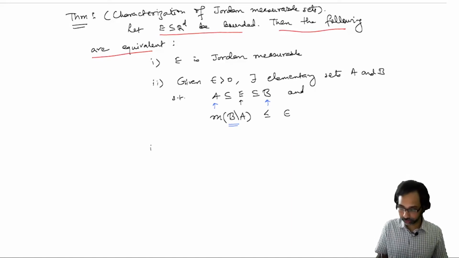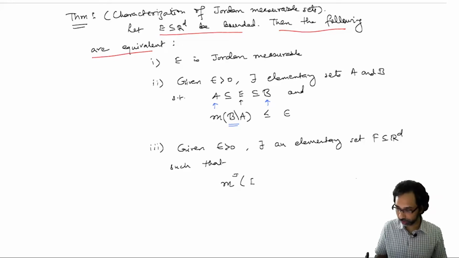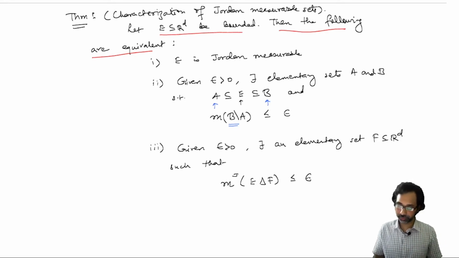Now the third condition says that given epsilon greater than 0, there exists an elementary set F such that the outer measure of the symmetric difference of E and F is less than or equal to epsilon.